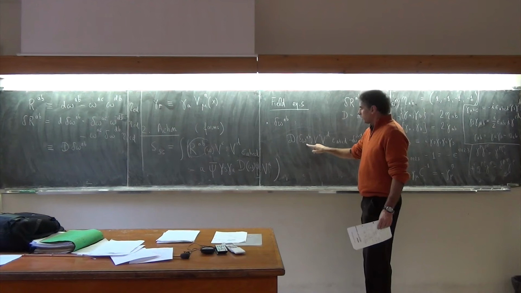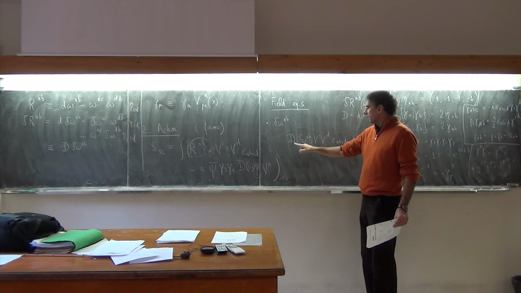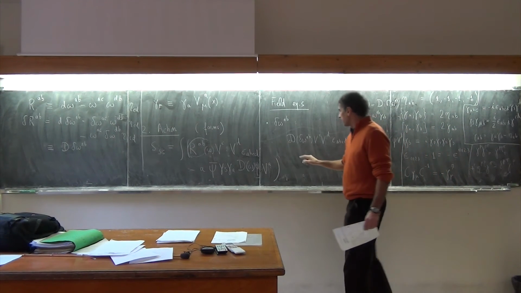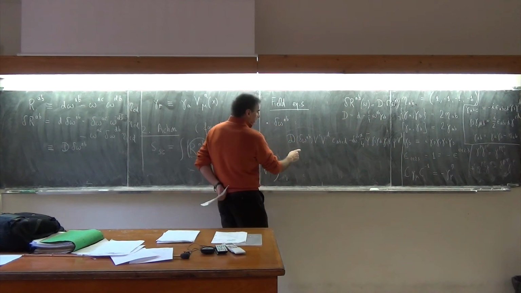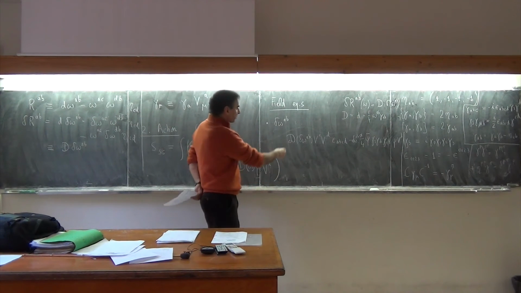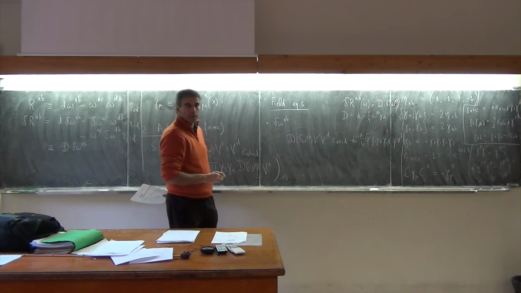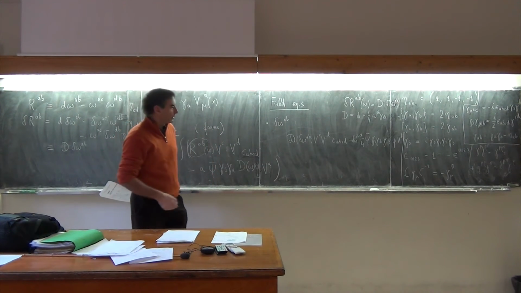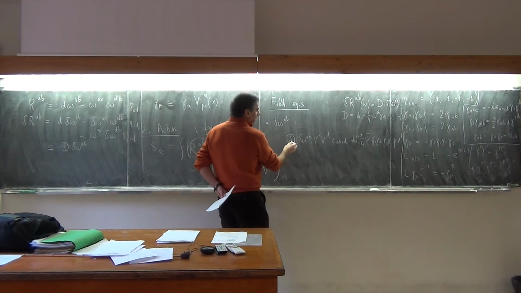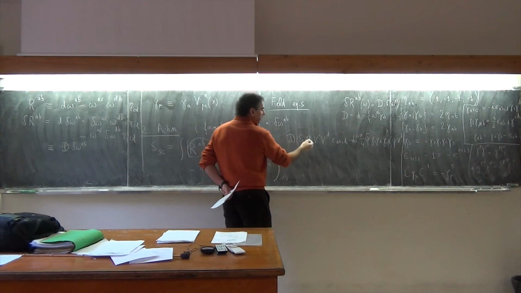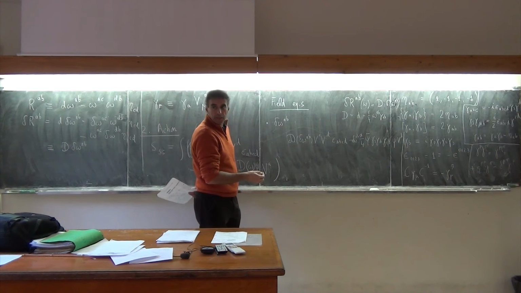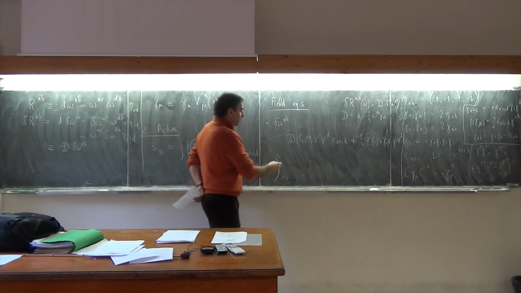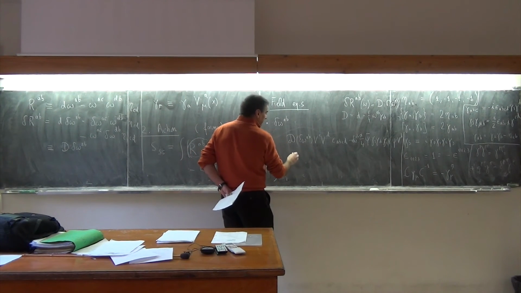So this is the variation. Now here, to have a free delta omega, I have to integrate by parts this covariant exterior derivative. This I can do because I'm considering really the variation of the action, and I'm taking boundary values that go to 0 at infinity. When I integrate by parts, I don't have an extra minus sign because this D acts really on a one form. So what you get by integrating by parts is the following.